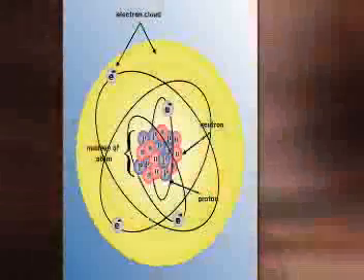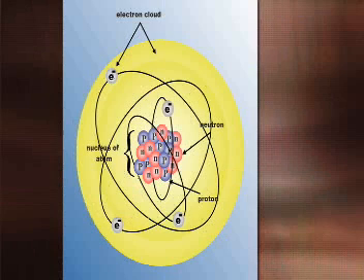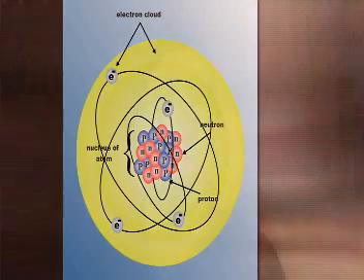The energy levels are called shells. These are represented with letters, starting with the letter K and increasing alphabetically depending on how many shells we have in a given atom.